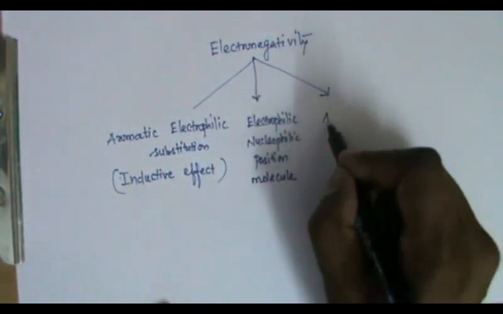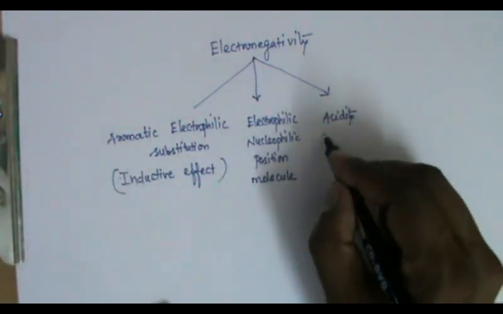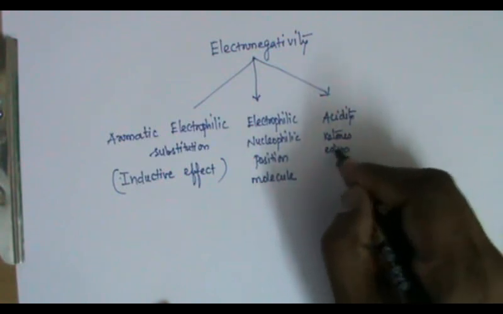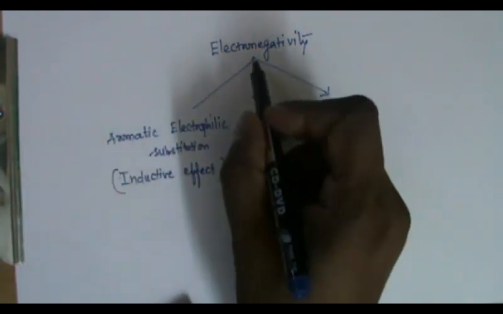Third one, acidity of ketones, esters. In ketones, esters, nitromethane and nitrile, the alpha hydrogen is highly acidic. The reason is the electronegativity.